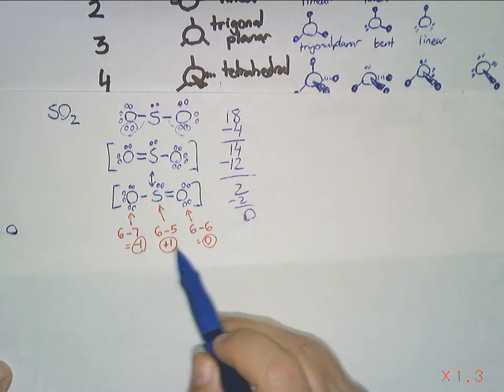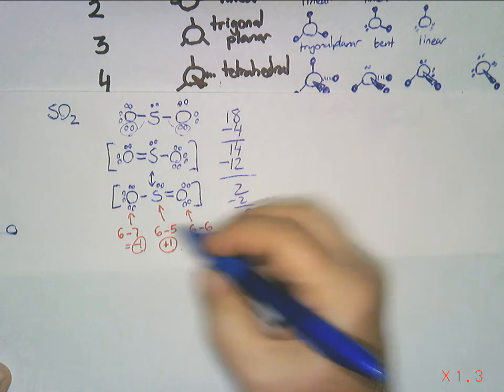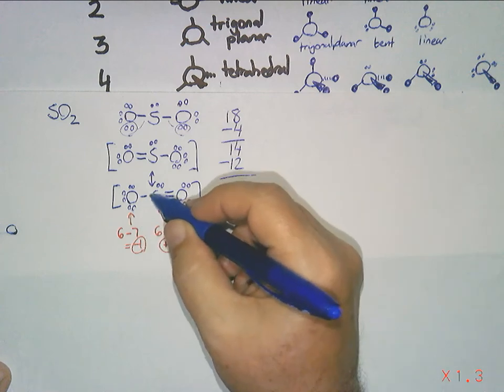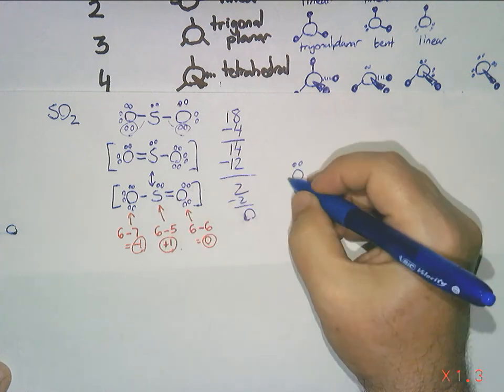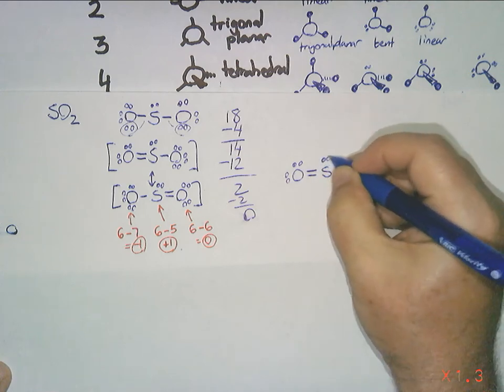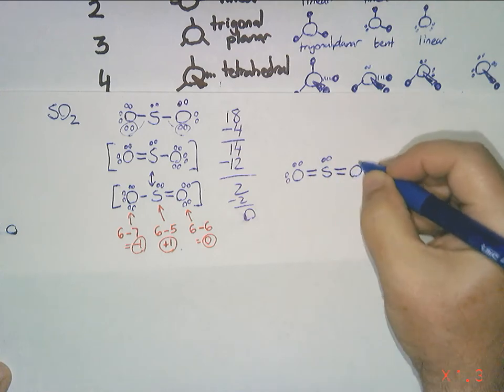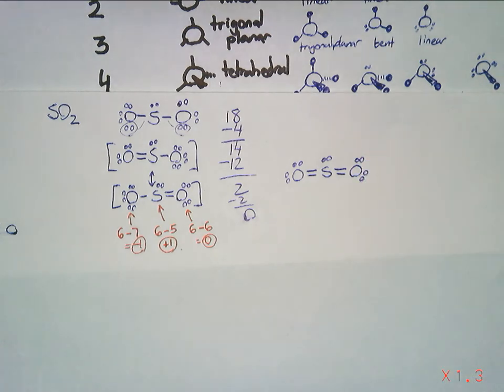This has too many and this has too few, so why don't I try sharing another one? If I do that, I'm going to have a double bond in there, and it's going to look like this. Now I have an expanded octet on that sulfur. And I don't have resonance anymore. I have a single structure.